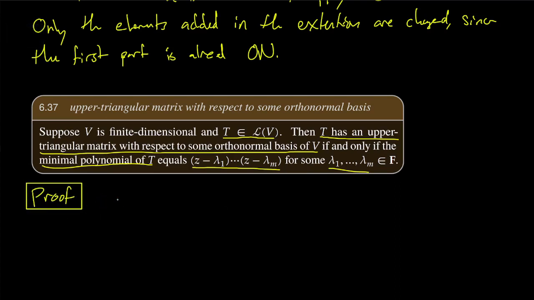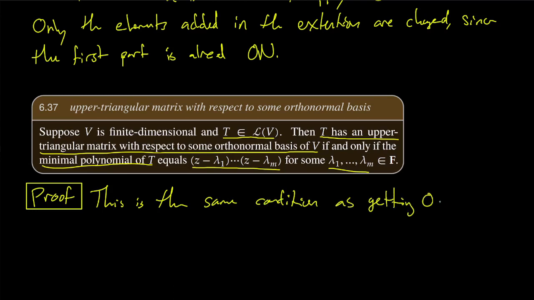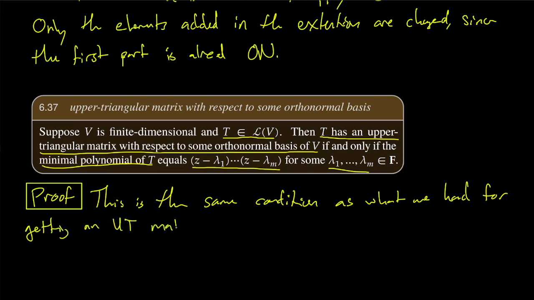So here's the idea. This is the same condition as what we had for getting an upper triangular matrix of T with a regular basis.